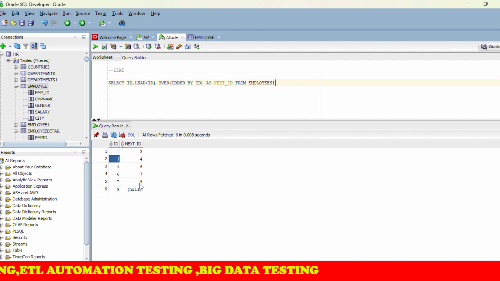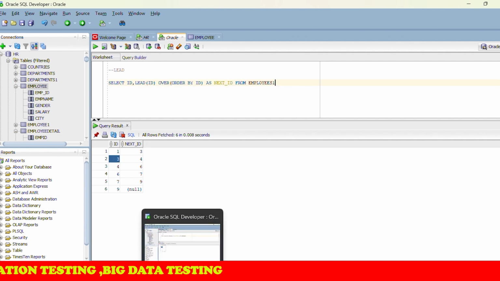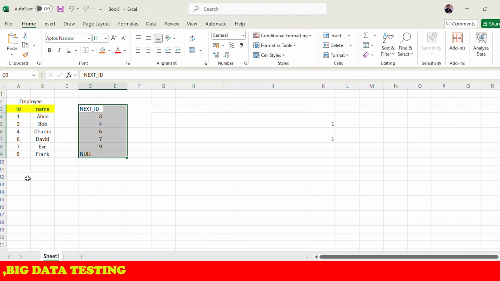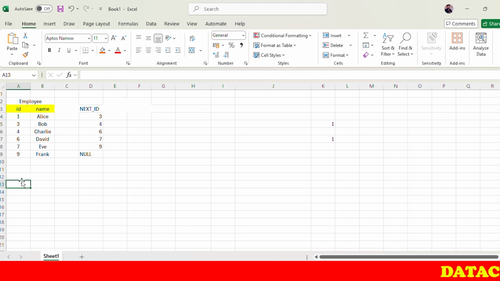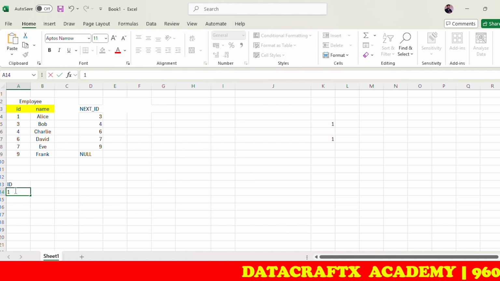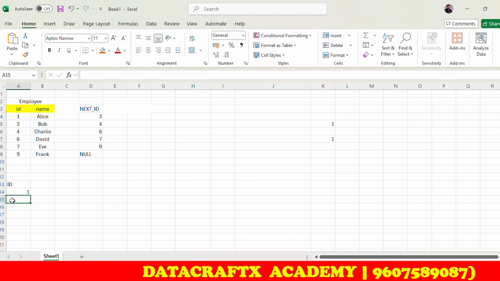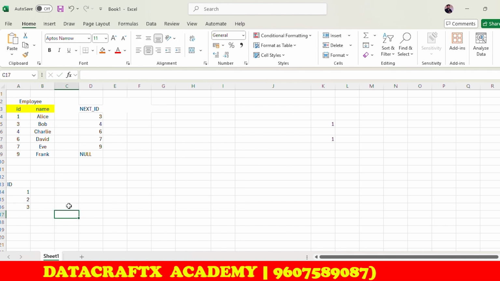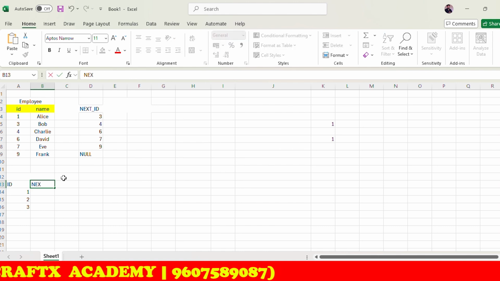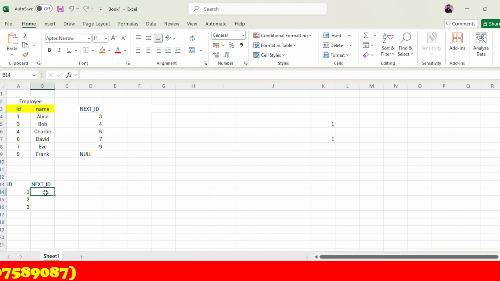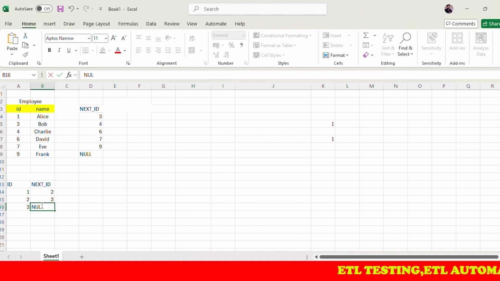Now if you observe minutely, we will try to generate a pattern. Suppose for example we have the ID column with 1, 2 and 3, so these are the IDs. And the next ID with the help of the lead function will be 2, then 3, and then null, correct?